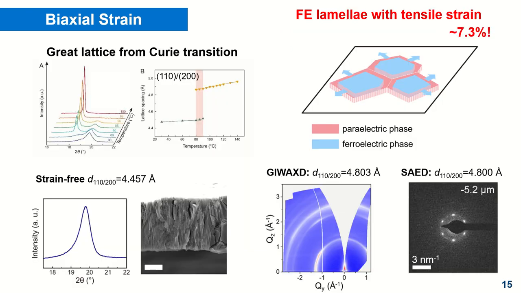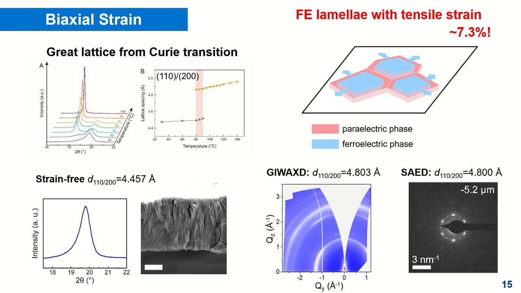One thing quite particular about this Curie transition is that the lattice change is quite large. The spacing along the direction perpendicular to the polymer chains in the paraelectric phase is much larger than in the ferroelectric phase. So when our lamellae are laid down into the film and annealed from high temperature, they would undergo a transition where all crystallites tend to shrink, but they cannot because they are continuous and clamped by the substrate.